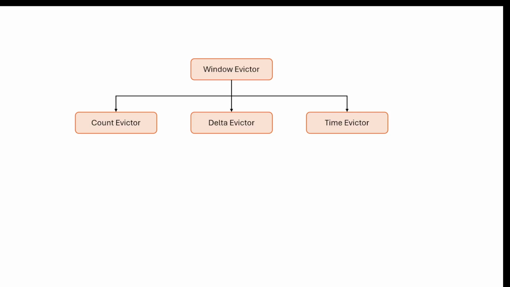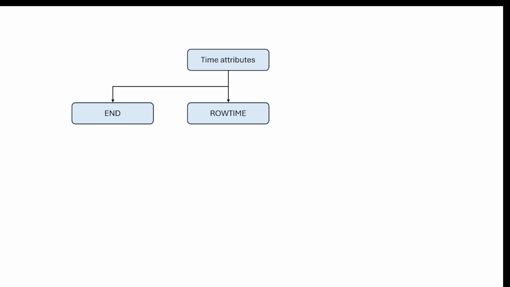Then we also saw the time attributes which are present on a Flink window. There are three, basically: ingestion time, row time, and proc time. The proc time is the processing time which the machine system is using. For example, it can be an epoch.